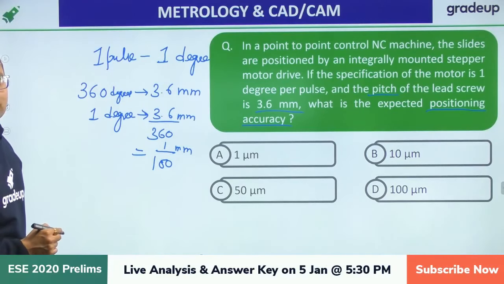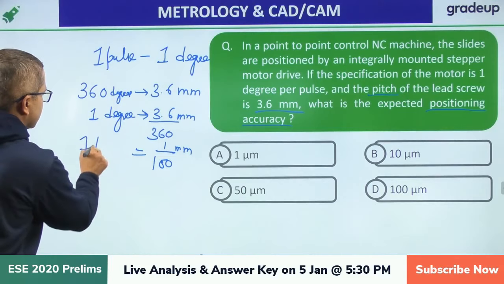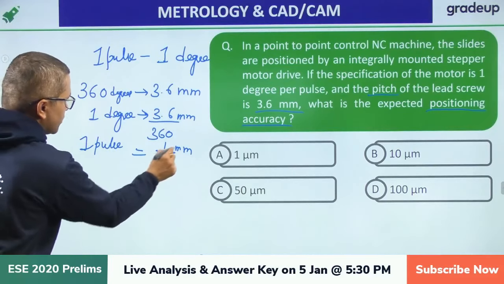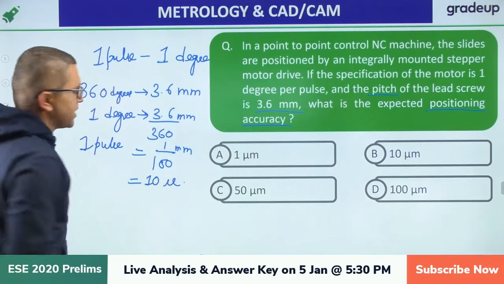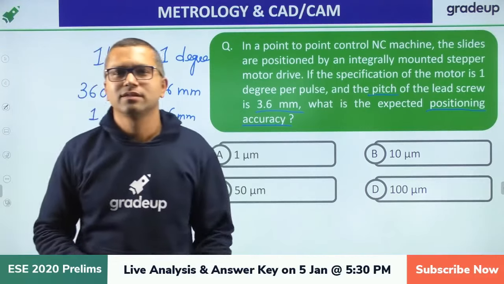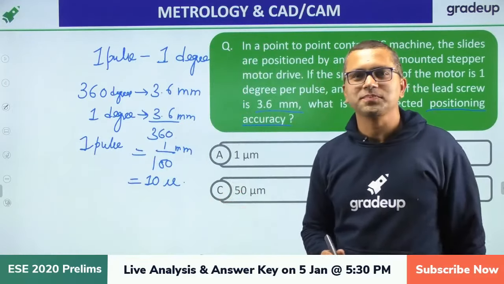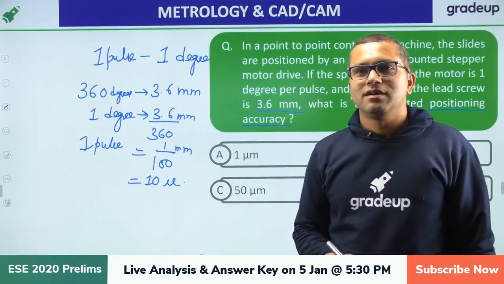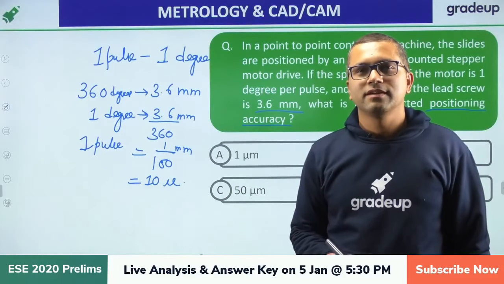Yes? Alright, so in 1 pulse also, it will move this much. That is nothing but 10 microns, right? You can see it. B is the option. Alright?